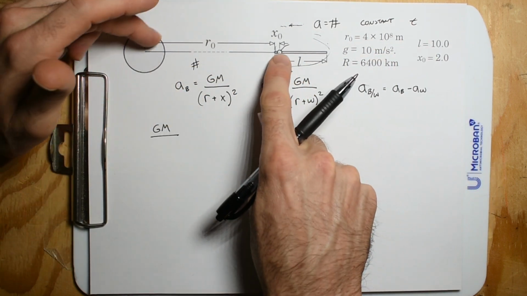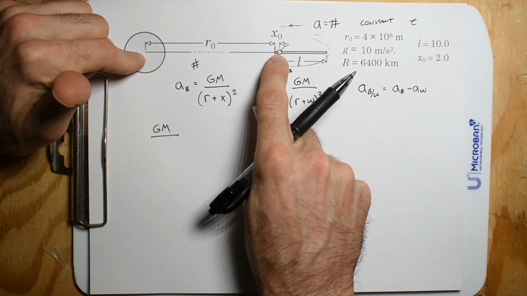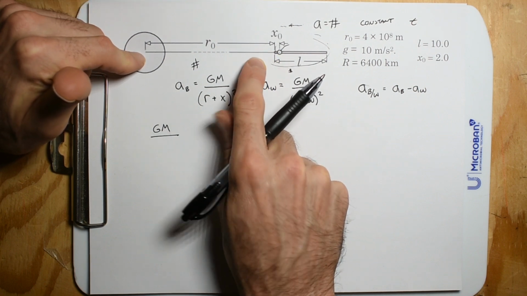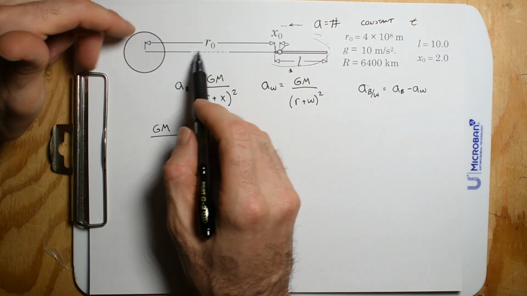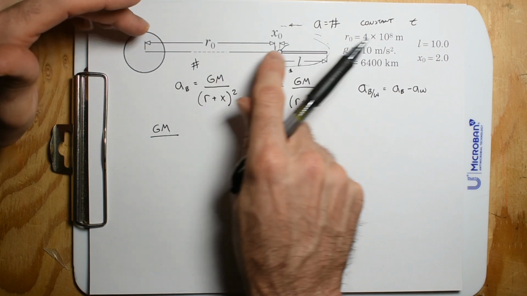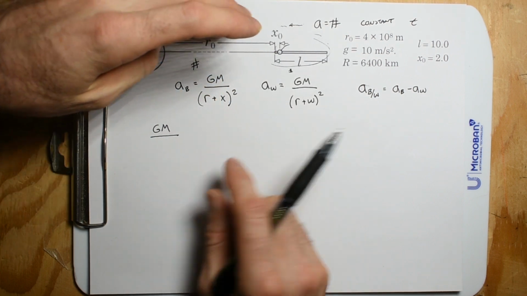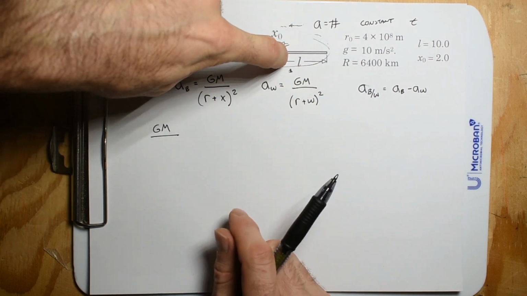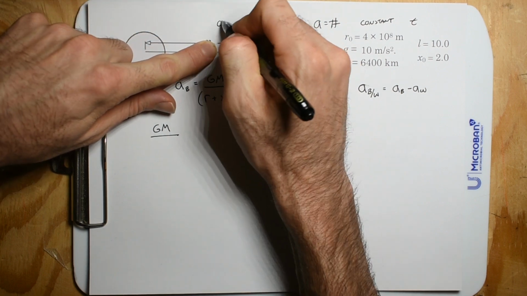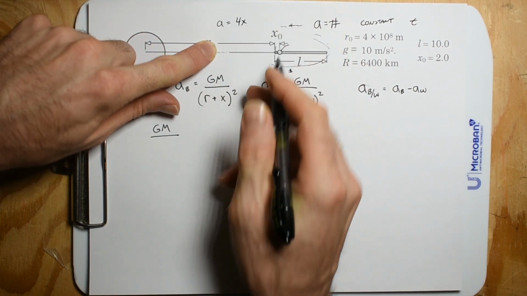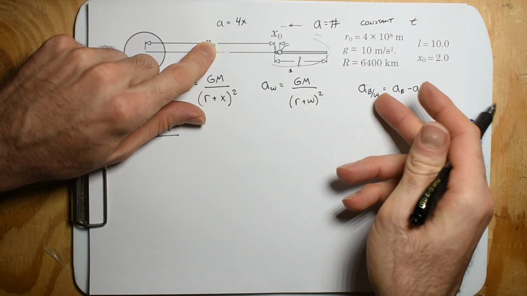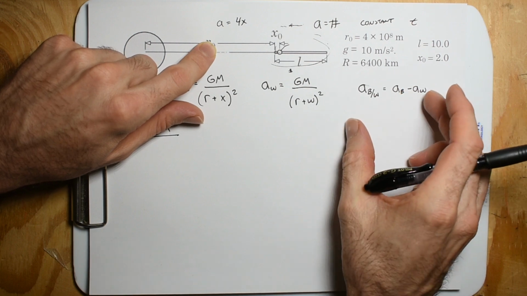And then I guess the take-home point is this thing's so far away that by the time it actually pops off, the distance doesn't halve. And with gravitational problems, if this distance halved, the acceleration would be 4 times greater. And so the relative acceleration would be 4 times greater.